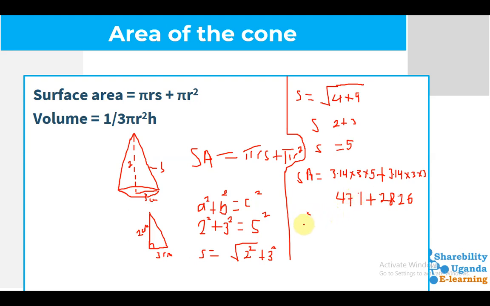So our surface area, SA, will be equal to 75.36. This is going to be in centimeters squared. So this is particularly how we can find our surface area when we have not been given the slant, but when given the height.